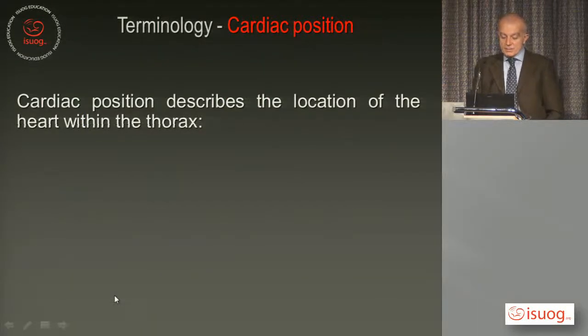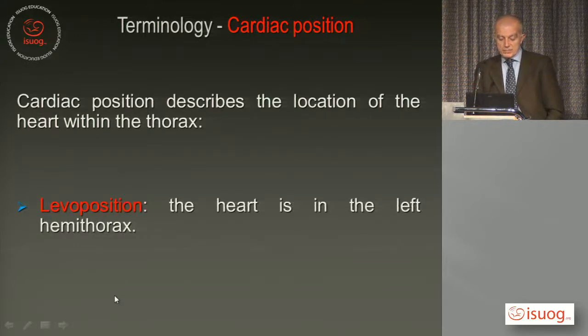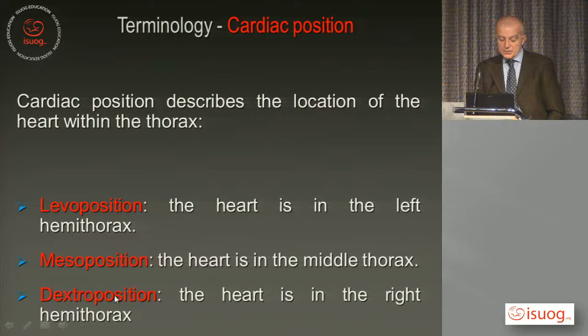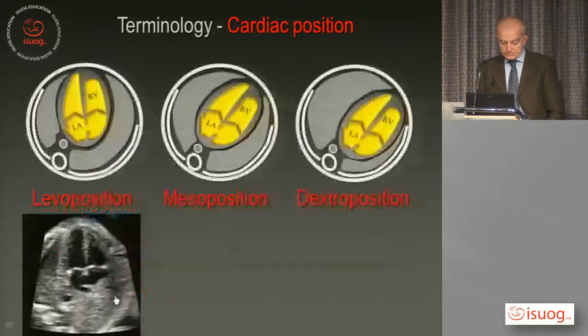Then we have the cardiac position, which describes the location of the heart within the thorax, nothing to do with the apex of the heart, even though the two things in some of the cases go together. So you have a levo position, which is the normal position of the heart in the left hemithorax, meso position if the heart is in the middle of the thorax, and dextro position if it's on the other side.